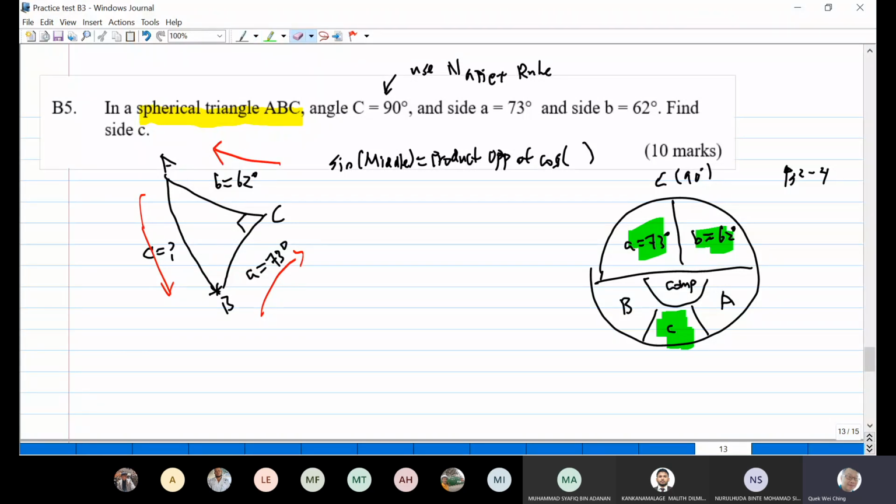In the notes it says this one, so I can use this one. The sine of the middle is the product of the cosine of the opposite.